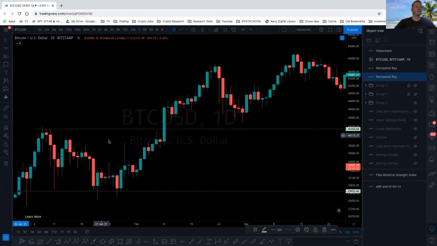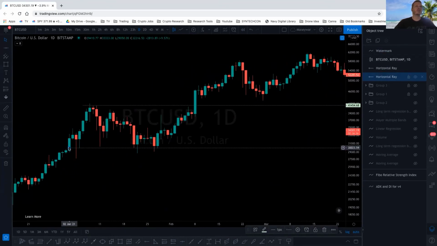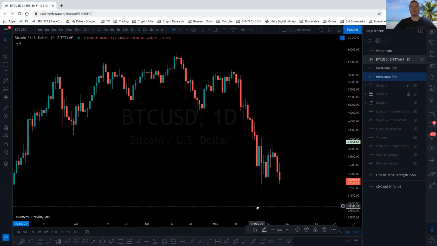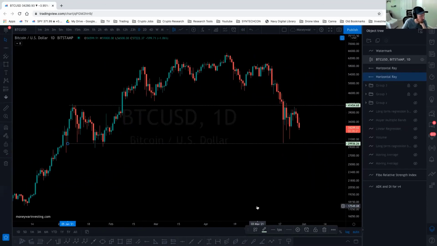When I'm drawing this lower one here, we see this right here almost touched it, right on the money here, dip below it, right on the money there. And then our previous one just barely didn't touch it. So the more areas of support you have, the better the price should hold up.